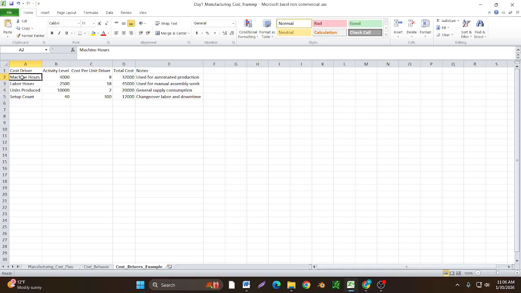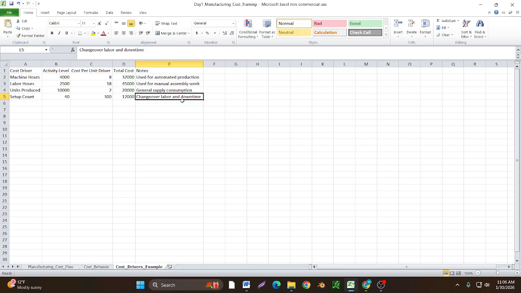Machine hours are often used in automated production. Labor hours are used for manual assembly work. Units produced, sometimes general overhead. And setup counts are important for custom production.